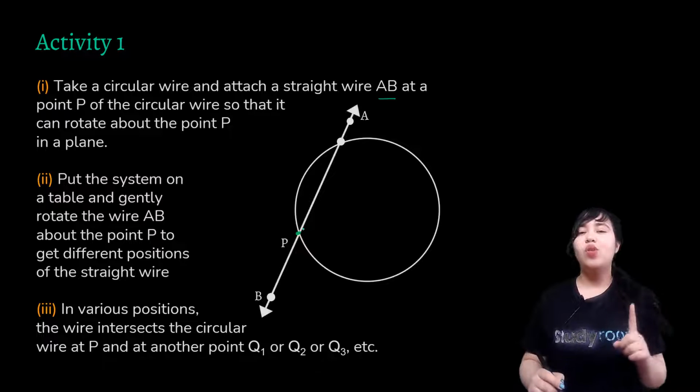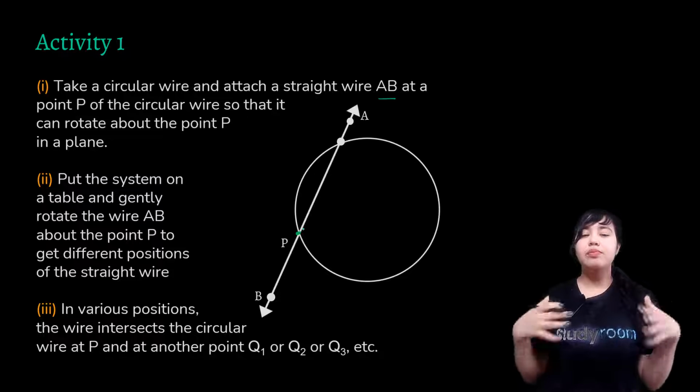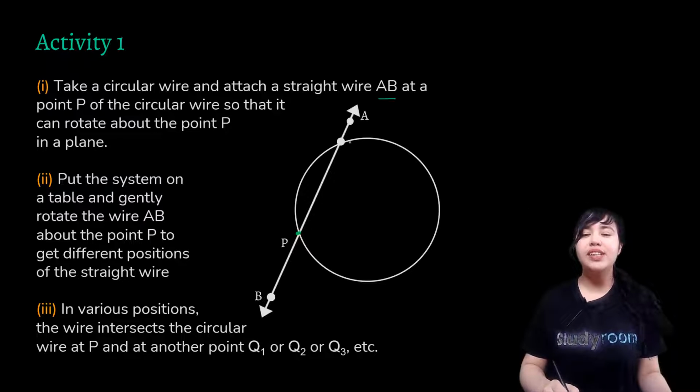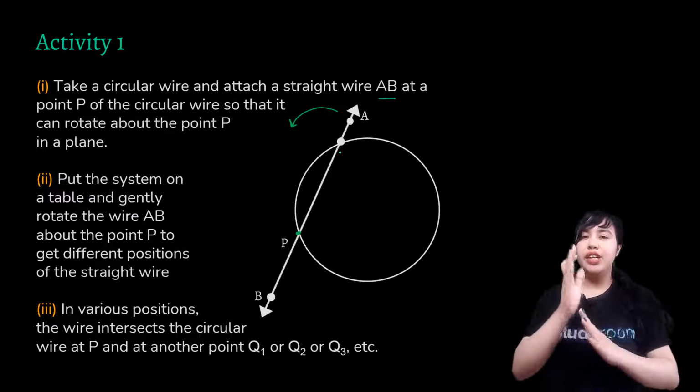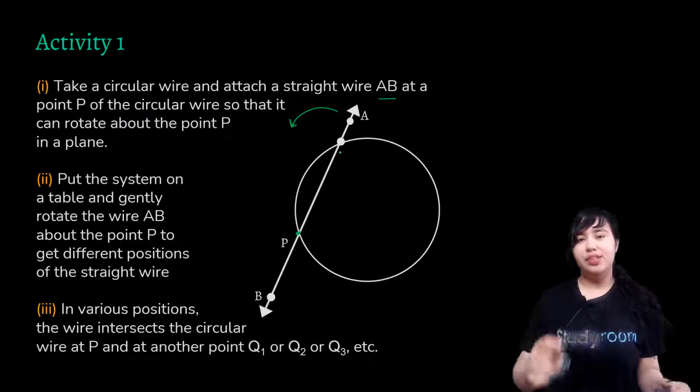Okay, now what you need to do is take this system, put it on your table, and then rotate this wire AB. Like in your board games you must have played, there are games, right? So you just have to rotate it. You can rotate it in this direction first. Okay, so first we are going in this direction. This is the anti-clockwise direction, and then every time you rotate, note the points of contact between AB and your circle.